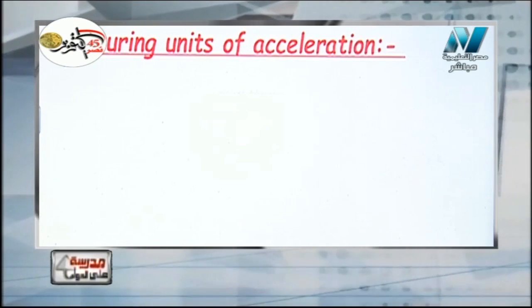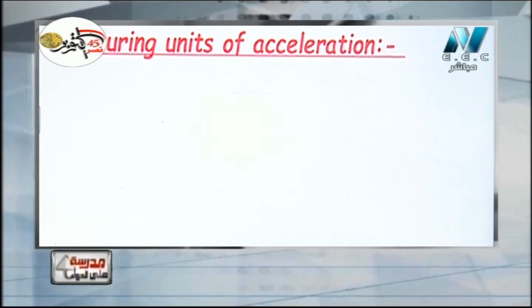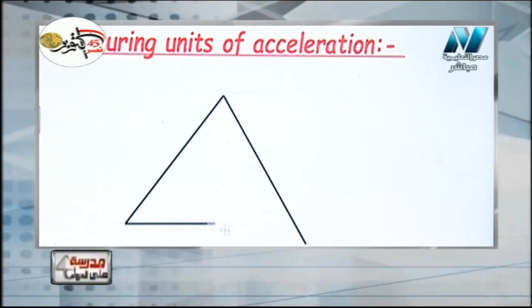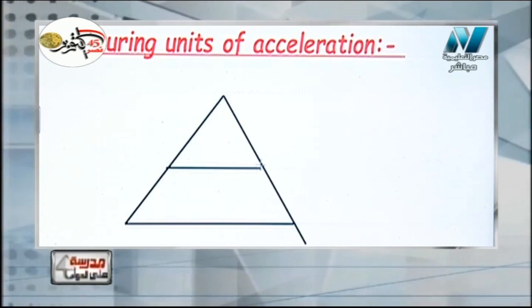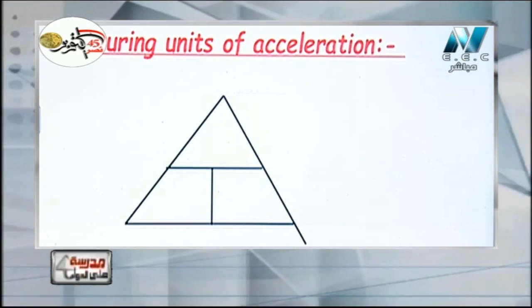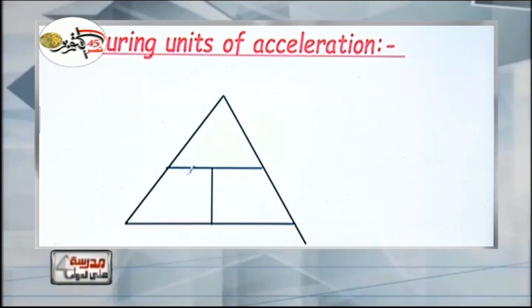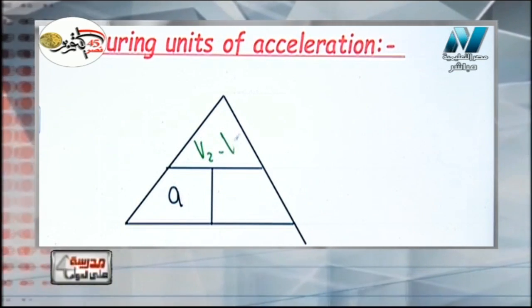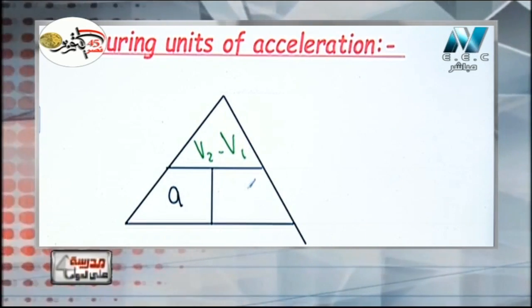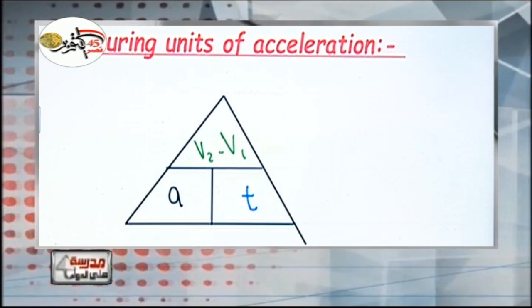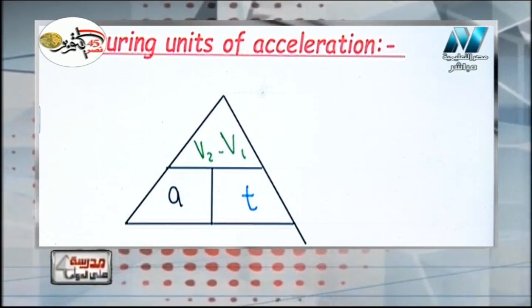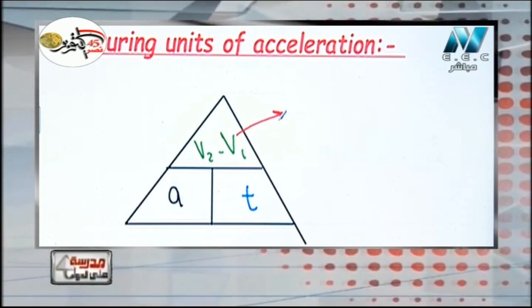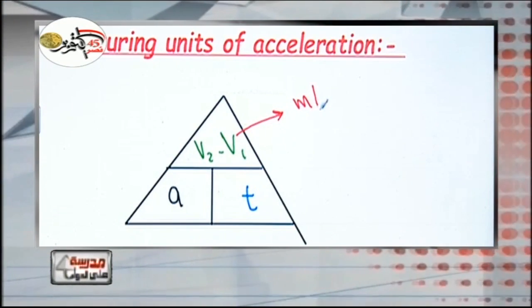In the mathematical law of acceleration, as we see here, we have three physical quantities: A, acceleration, and V2 minus V1 over T. To identify the measuring unit of acceleration, we should know the measuring unit of speed is, for example, meter per second.